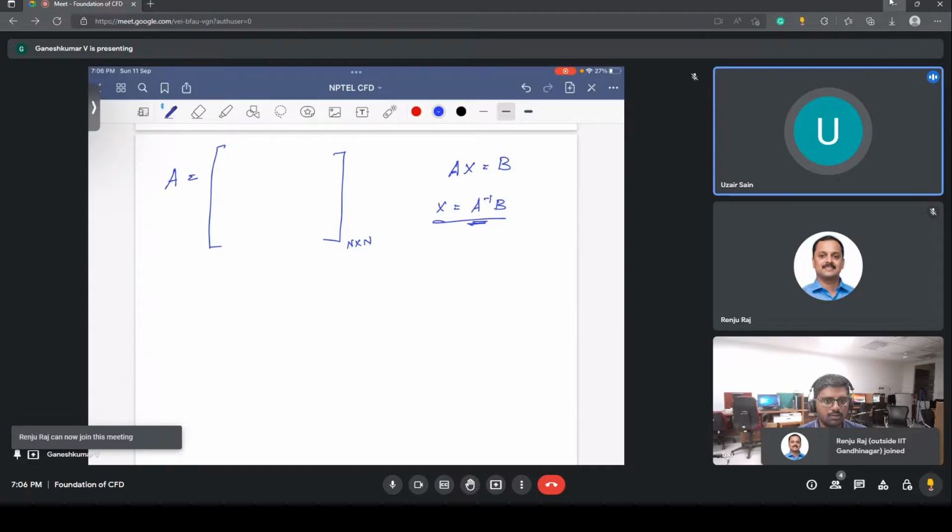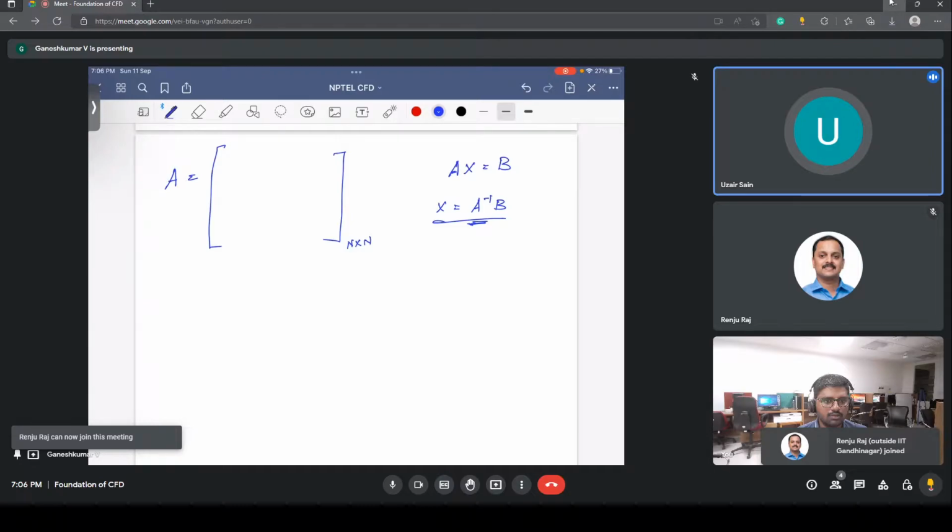For that you need to understand how LU decomposition is done. They replace A with L and U. Your system of equations is Ax equal to b, so instead of A you have LUx equal to b.